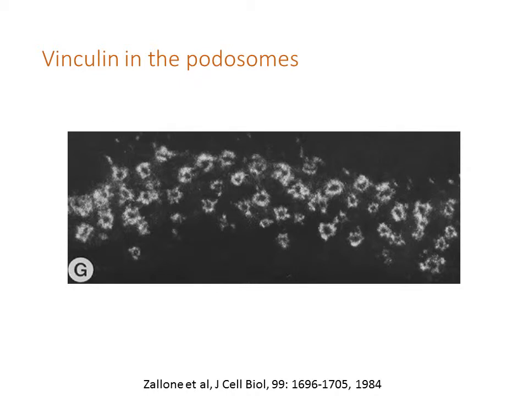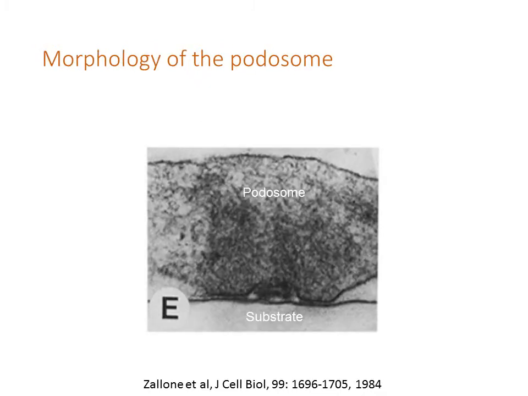And in this high magnification, you see clearly that the vinculin forms a circle around the black core, here not stained with fluorescent phalloidin. The morphology of the podosomes is shown here, and you see that between the plasma membrane and the substrate there is some material which includes the integrin receptors, especially alpha V beta 3.